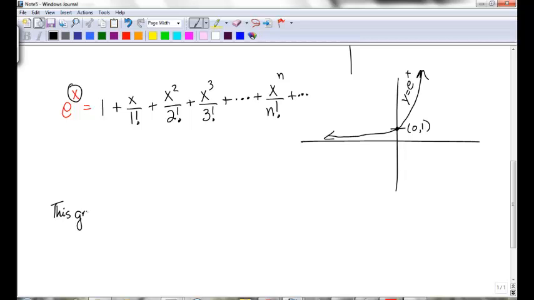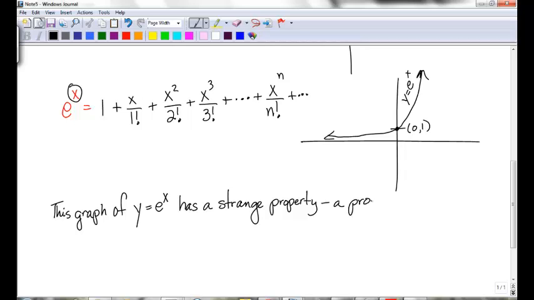this graph of y equals e to the x has a strange property that no other elementary function possesses.